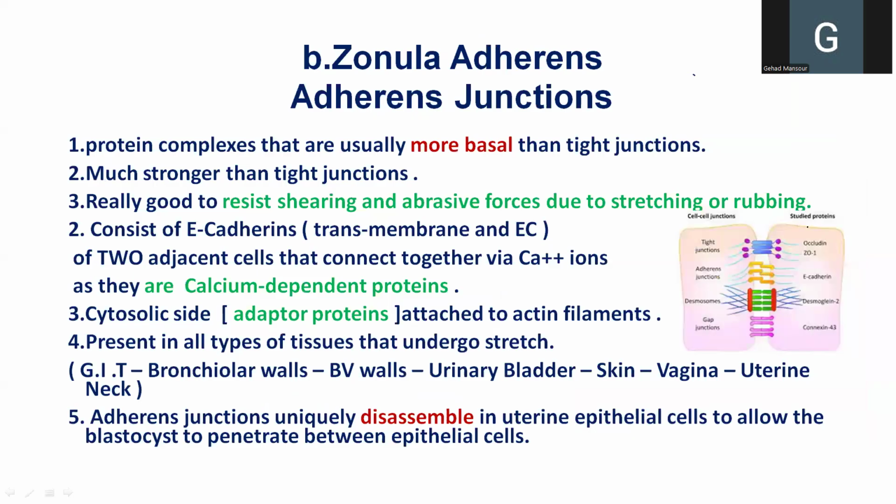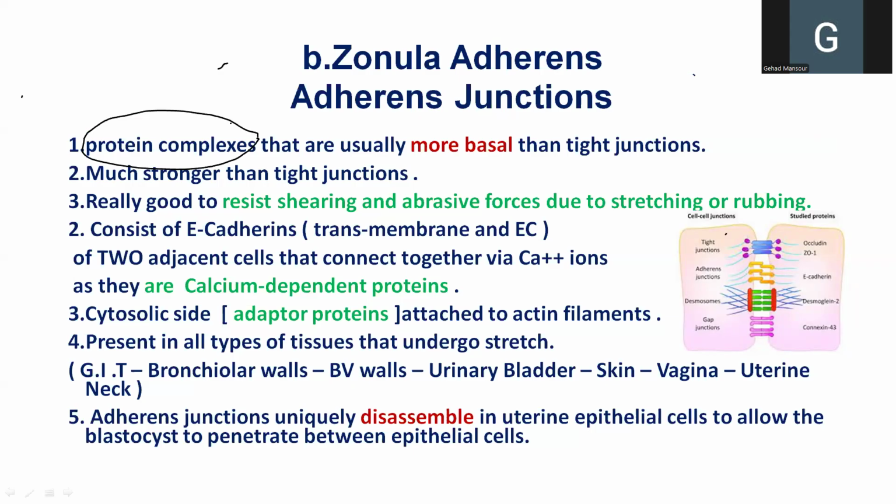And then we have the zonula adherens, as we said, or the adherens junctions, and they are, again, protein complexes. We are reading the slides in order to learn how to formulate the words while answering the questions or while describing structures. So why do we say that they are protein complexes?